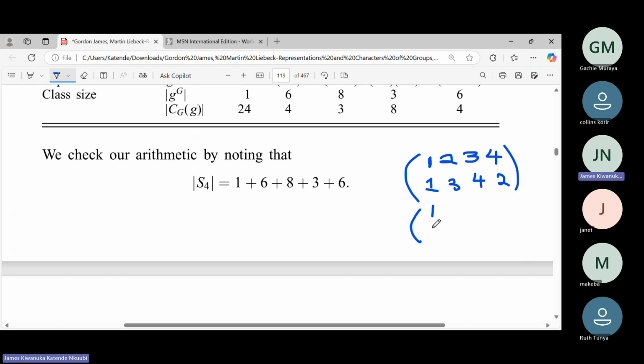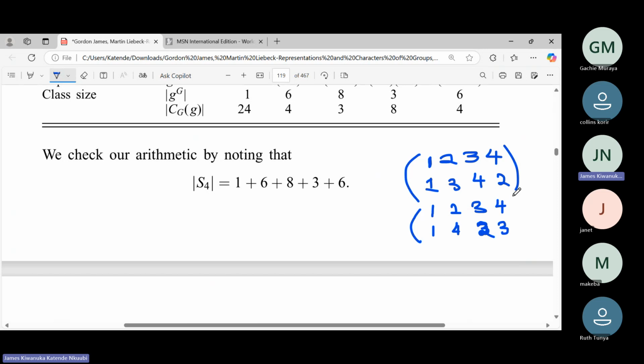So the other 3 cycle that I have left is, this 2 can go to 4 also, 4 to 3, 3 to 2. Oh, is that correct? 4, 2, 3, something.